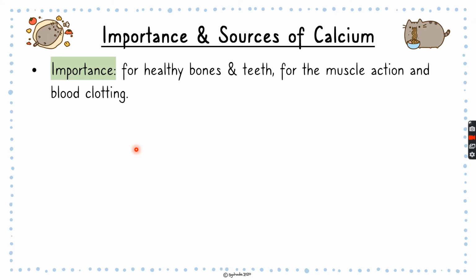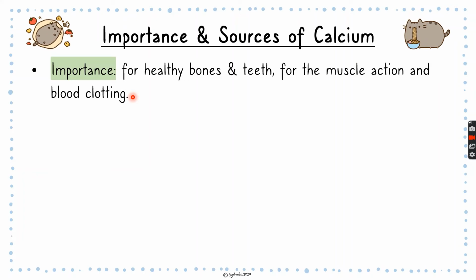Calcium is a mineral, and its importance is for strong, healthy bones and teeth, and for muscle action and blood clotting. What is blood clotting? Blood clotting happens when you have a cut, for example, and you can't have your blood dripping everywhere because you need that blood.